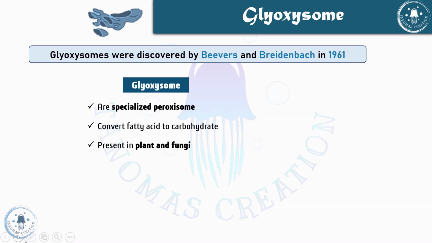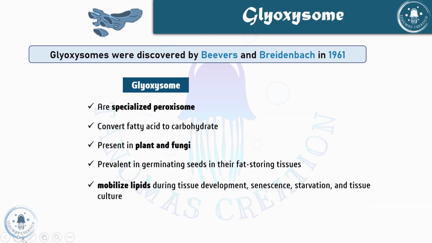It is prevalent in germinating seeds in their fat-storing tissues. It mobilizes lipids during tissue development, senescence, starvation, and tissue culture, when its function is at peak.